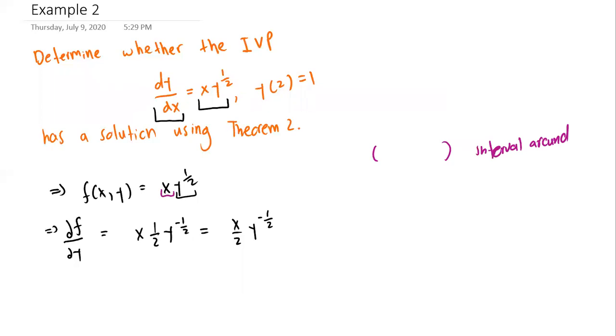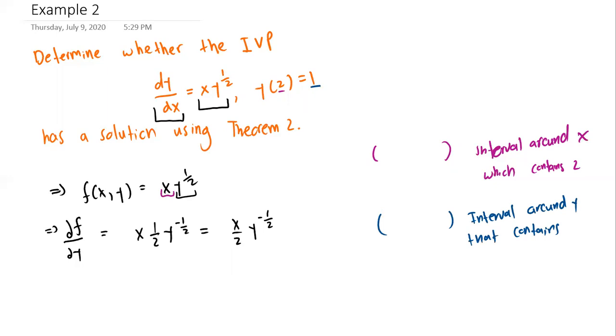So we want some interval around x which contains the x coordinate of the input, in this case 2. And we also need to find some interval around y, so an interval with respect to variable y, that contains the output of our initial condition.